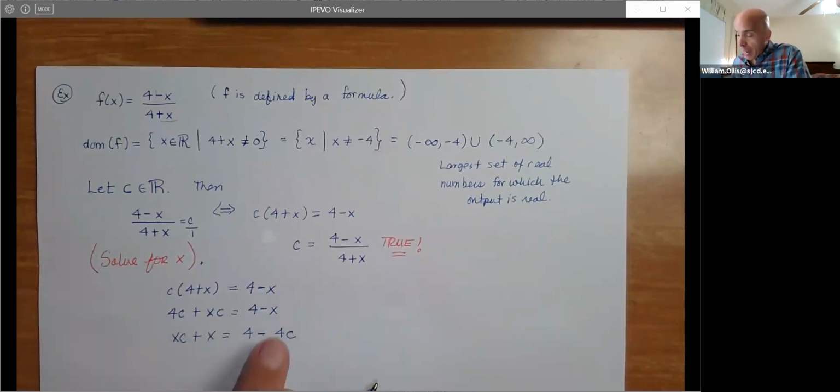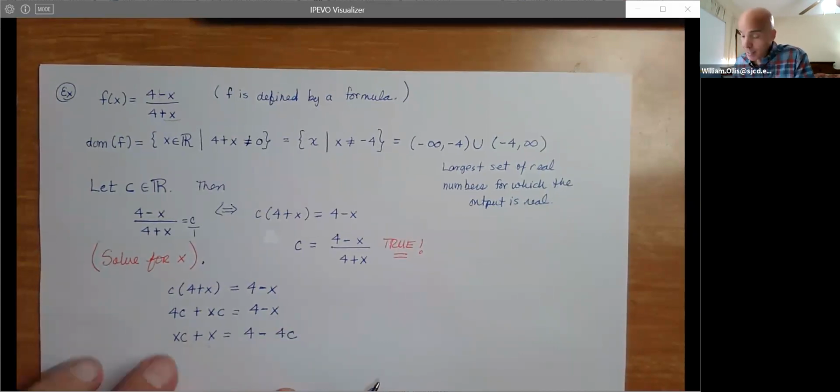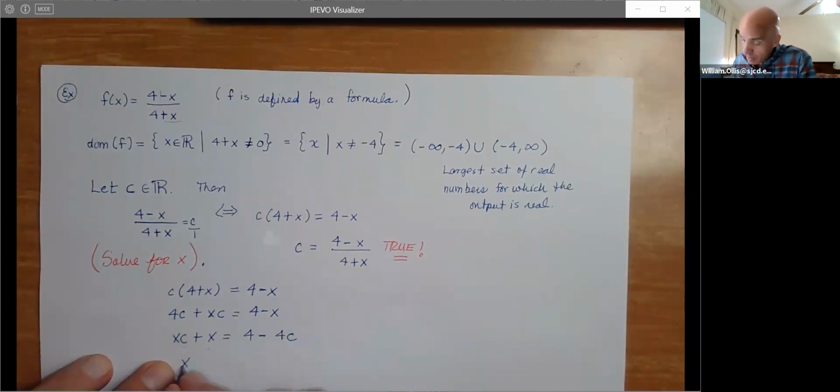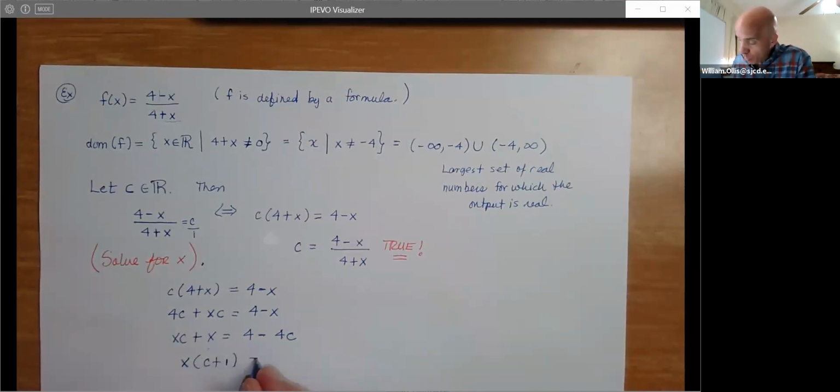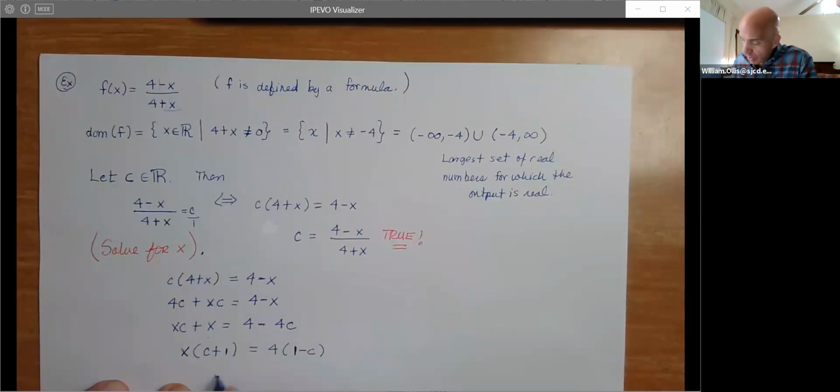So again, add X to both sides, subtract 4C from both sides. We have all our X's together. So we factor the X: X times C plus 1. And here we can factor a 4 if you like: 4 times 1 minus C. And so now X equals 4 times 1 minus C over C plus 1.